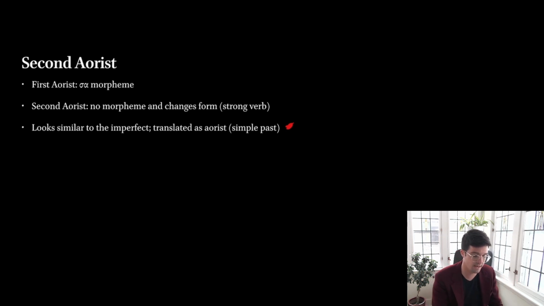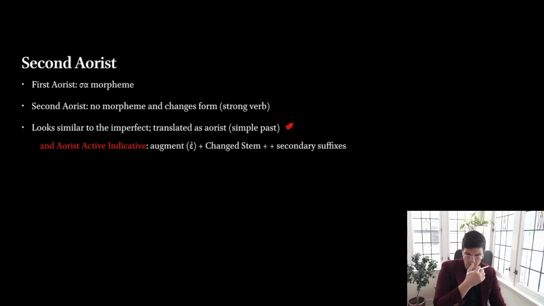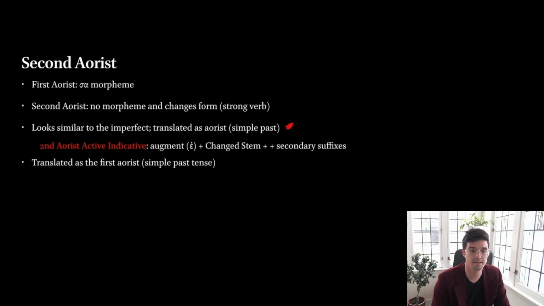So they are translated like what we saw with the first aorist, but they look like, as to their endings, the imperfect. And so the way that the second aorist active indicatives are formed is the augment, usually in the form of epsilon, and then the changed stem, the altered verbal stem with the secondary suffixes.